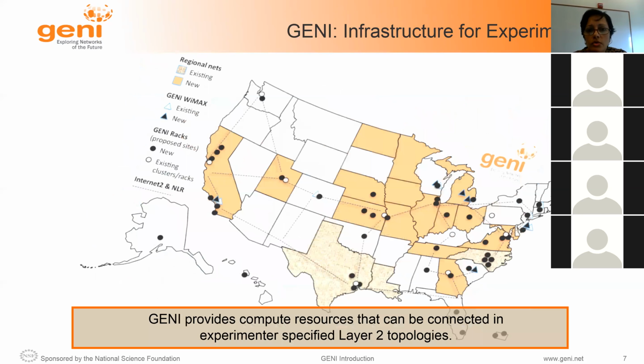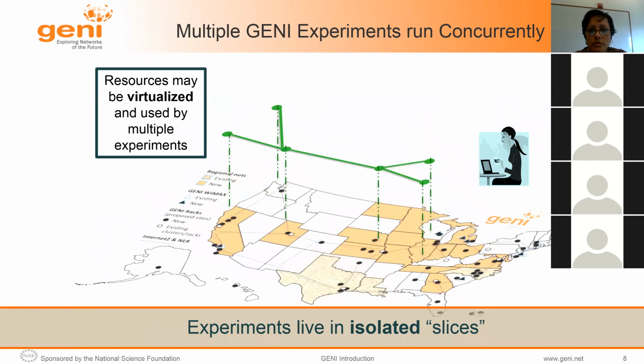So you can have multiple GENI experiments running on the GENI resources concurrently. And how that is done is, what you see there are the dots connected by the lines are GENI resources in various geographic locations.